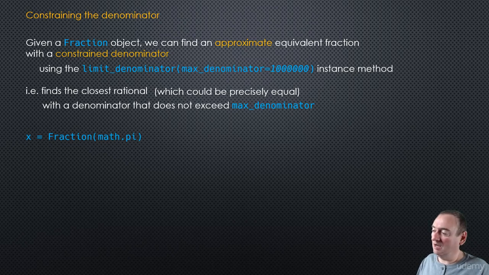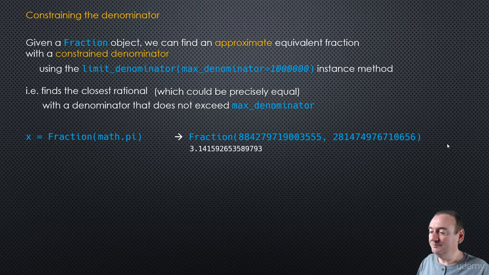If we look at x equals Fraction of math.pi, which remember was this big horrendous fraction here, which evaluates as a float to this number here, an approximation of pi. We can choose to take this fraction and tell Python, give me the closest fraction where the denominator is no greater than 10.